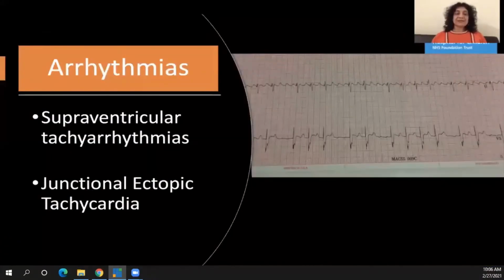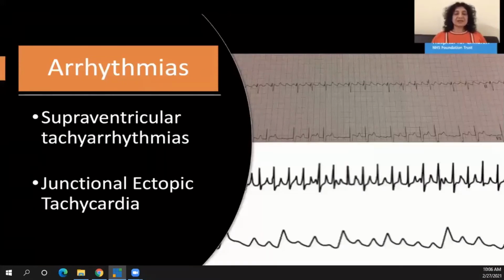One can see sometimes arrhythmias, and the most common ones that are seen are supraventricular tachyarrhythmias and junctional ectopic tachycardia.